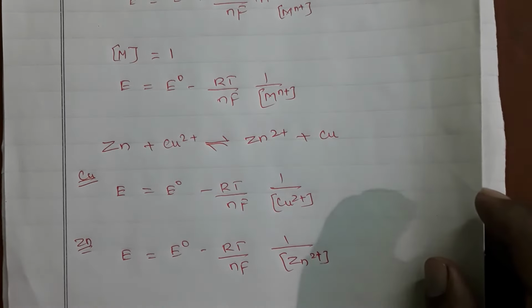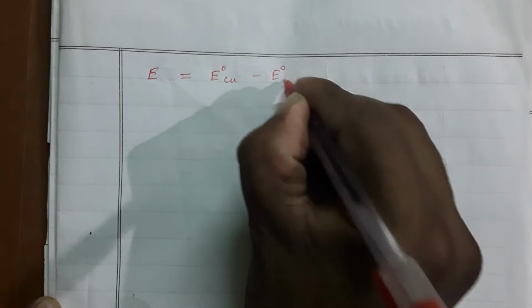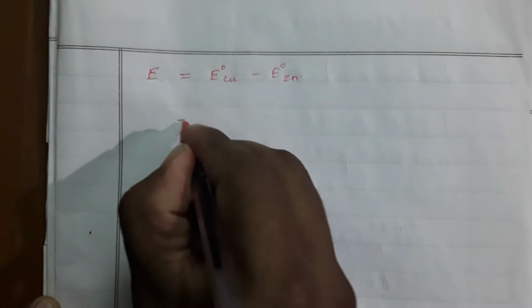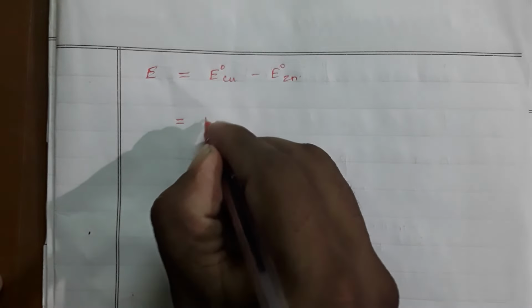Now by comparing these two equations, EMF is equal to E naught of copper minus E naught of zinc. So what is the copper value?